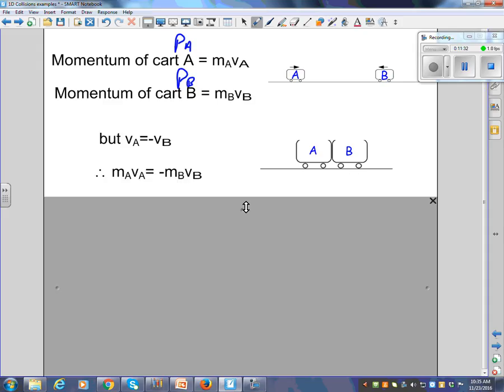Does that mean then that MAVA is equal to MBVB? It does, because the mass of A is equal to 500 grams, and the mass of B is also 500, which means that MA is equal to MB. They're equal parts. So MAVA is equal to minus MBVB.